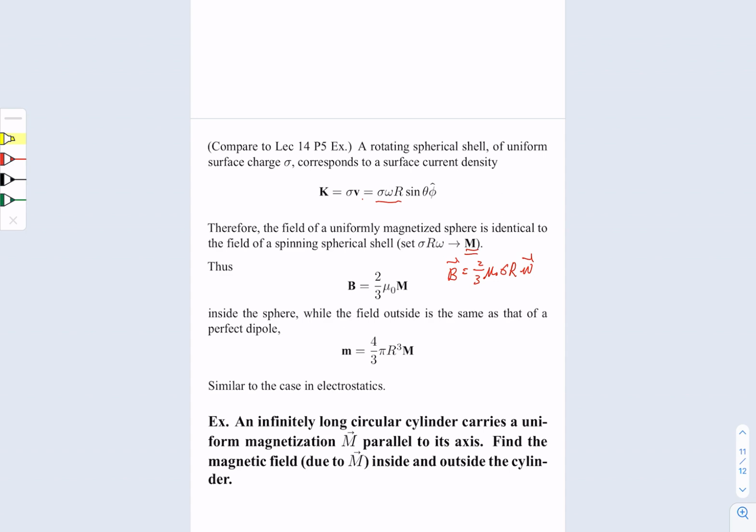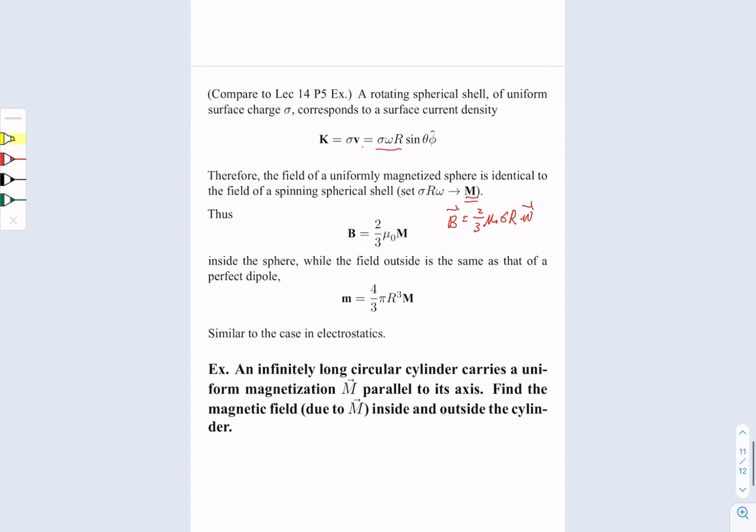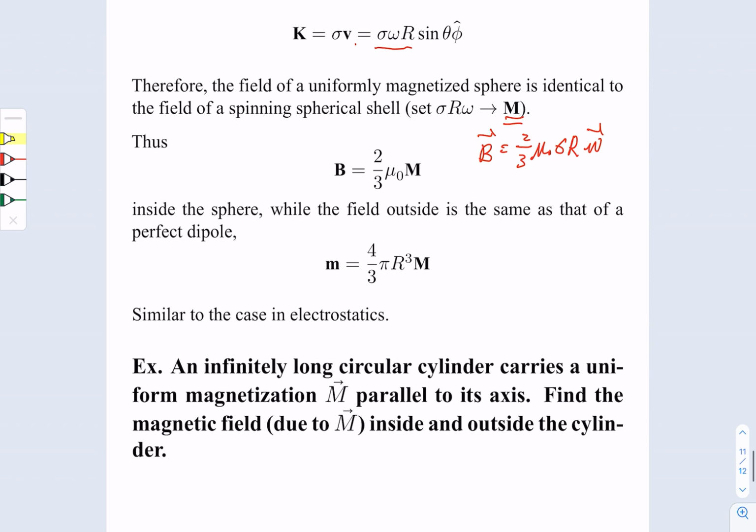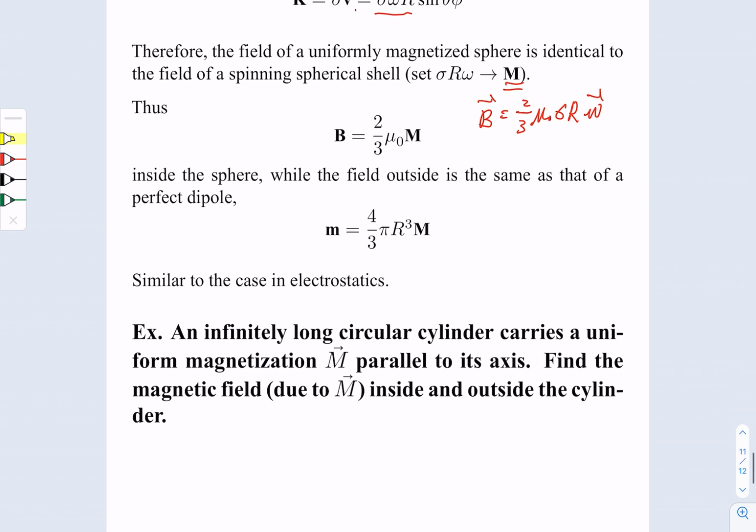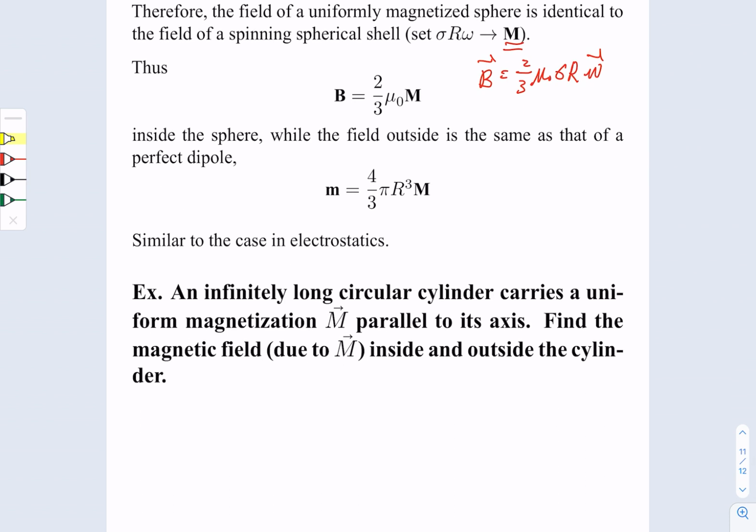So now let's take a look at another example. What we calculated before was a uniformly polarized sphere. Now let's do the same thing for a different object: a uniformly polarized cylinder.